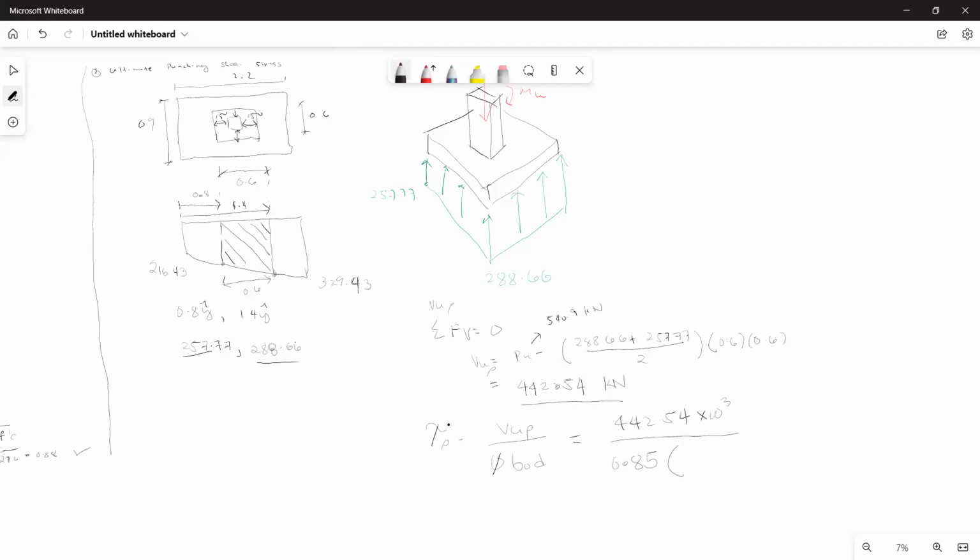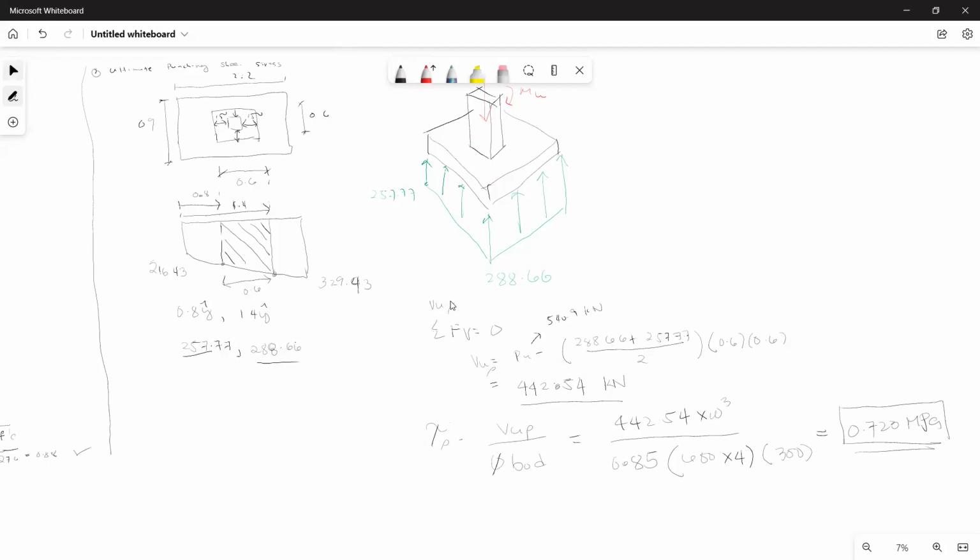Your BO sub D, your BO is basically the perimeter. So perimeter niyan is 600 times 4 lang naman, di ba? Then yung D natin is 300. Therefore, you will arrive 0.723 MPa. Okay? So this will be your answer.